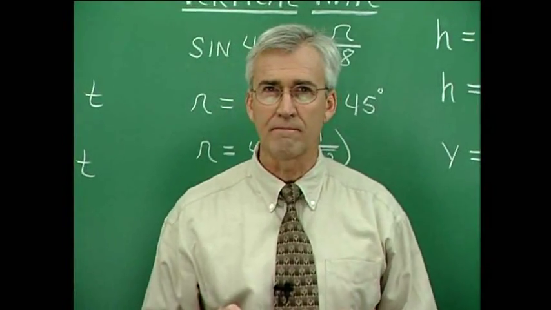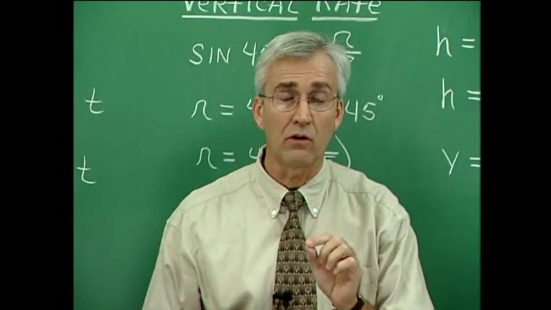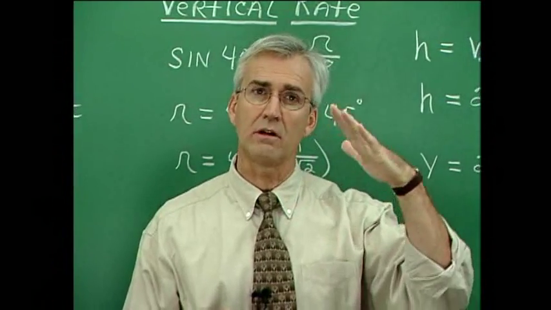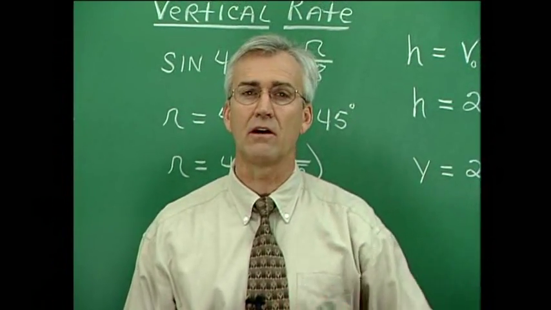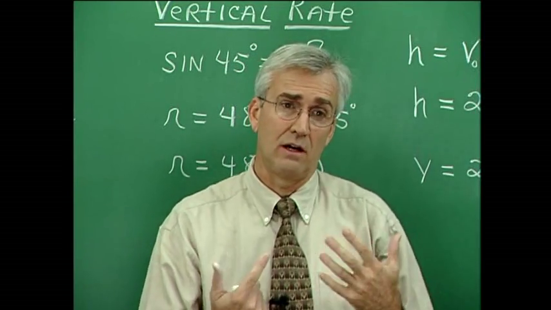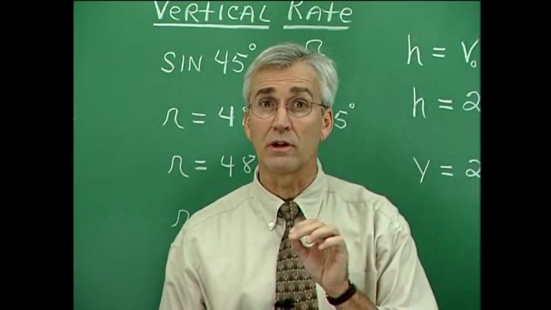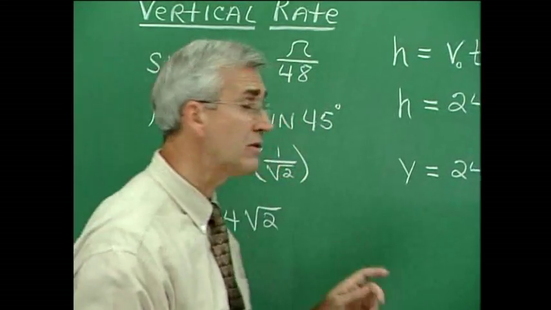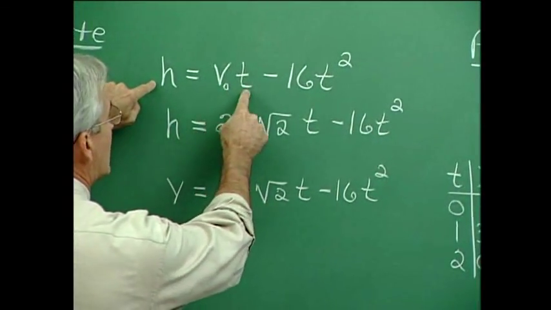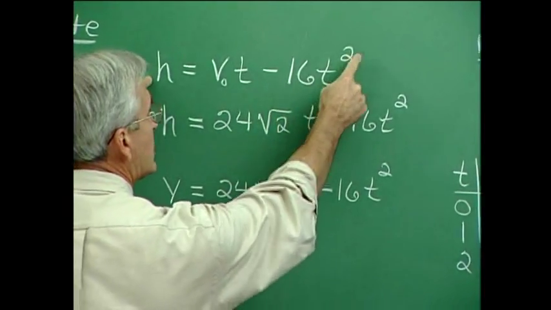But immediately, gravity will begin to take its effect, and that object will slow down and then descend back to the earth. Now the formula relating that idea, that is height in relationship with time and this initial velocity, is this. It's h equals initial velocity times time minus 16t squared.